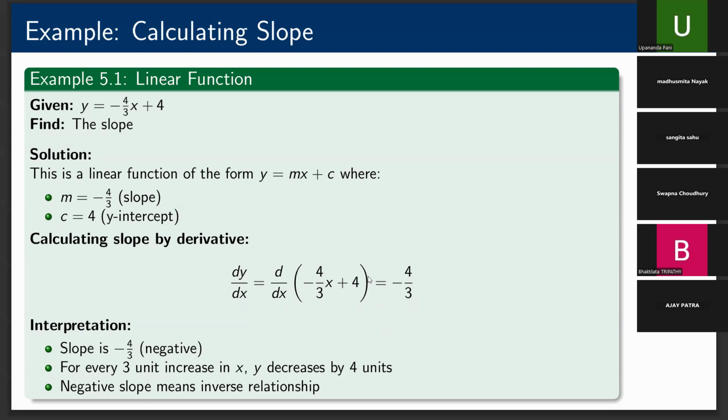In the general format y equals mx plus c, compare it: the constant term c is equal to 4 and the slope m equals minus 4 by 3. Same thing, if x increases by 3 units, y will decrease by 4 units. Or I can say if x increases by 1 unit, then y will decrease by 4 by 3 units. Both are the same thing.